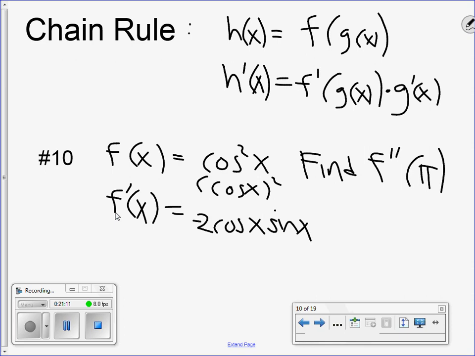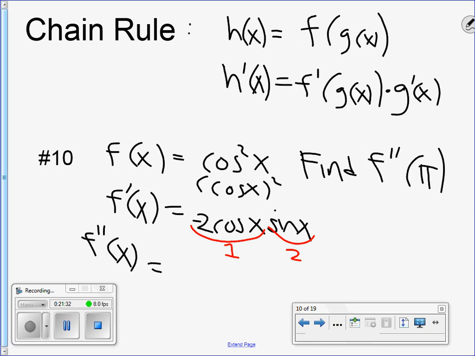Alright, and then you plug in pi. You really want to do this? Product rule? Okay. Product rule, we'll consider the negative 2 cosine x as the first, and we'll consider the sine x the second. Alright? Product rule.